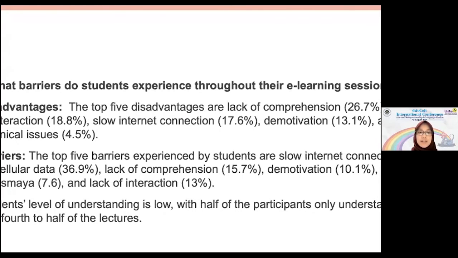And for the barriers, the top 5 barriers experienced by students are slow internet connection or no cellular data, lack of comprehension, demotivation, Binus-Maya problem, and lack of interaction. Students' level of understanding is low, with half of the participants only understanding 1/4 to half of the lectures.